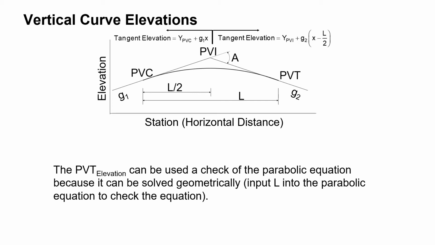We use this equation for a given PVI elevation plus G2 times X, and in this case X will be equal to L minus L over 2, to find this point Y PVT. And that can be used as a check of the parabolic equation because we can solve this geometrically. So input L into this equation to find Y PVT geometrically, and then we can check our parabolic equation by plugging in L for X.